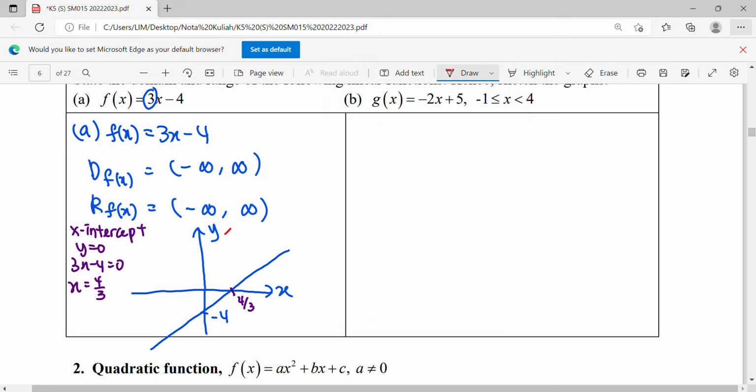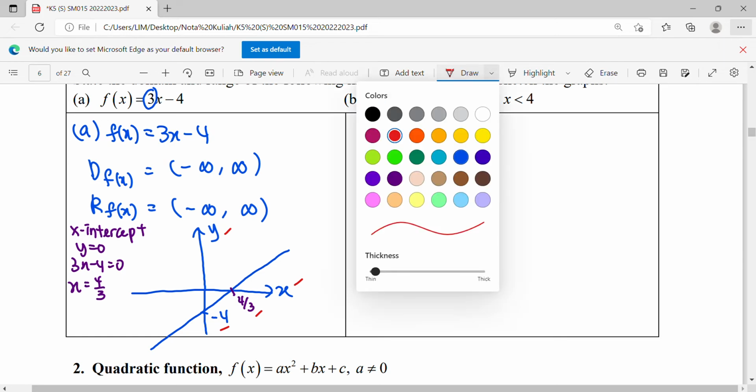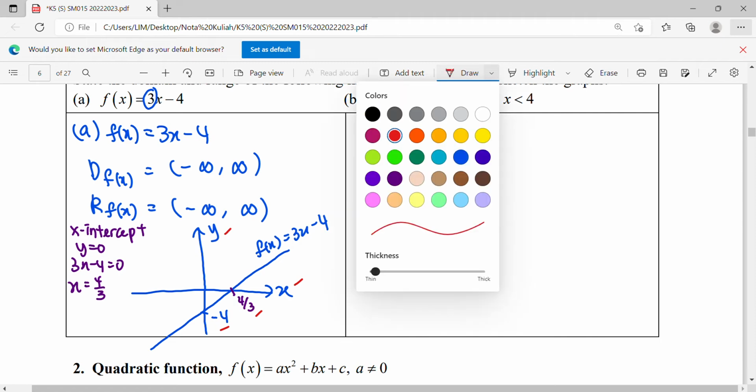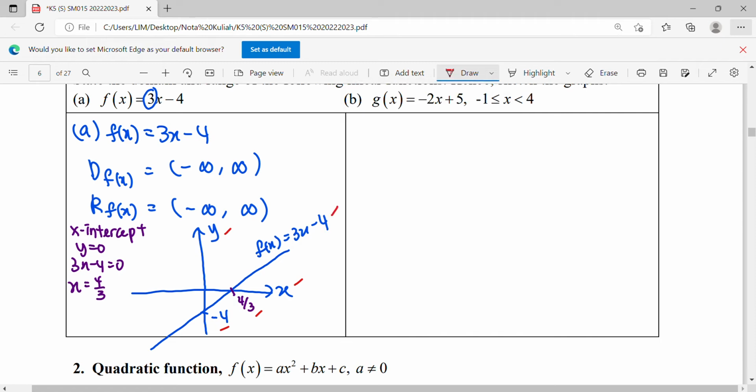X-axis, y-axis, intercept, labeling, and lastly, labeling our function. So this function is 3x minus 4. So this will be our complete graph.